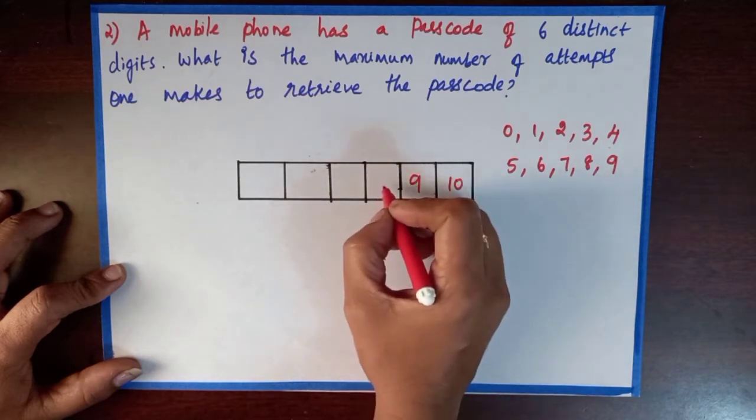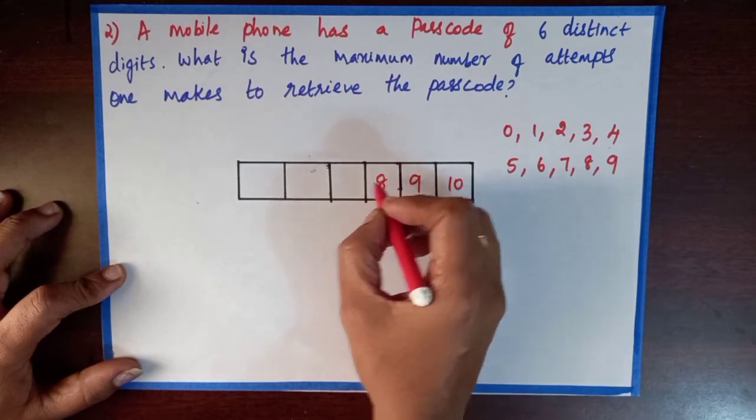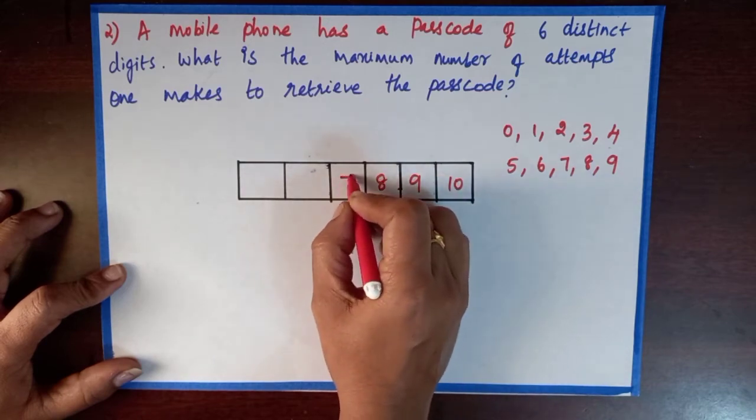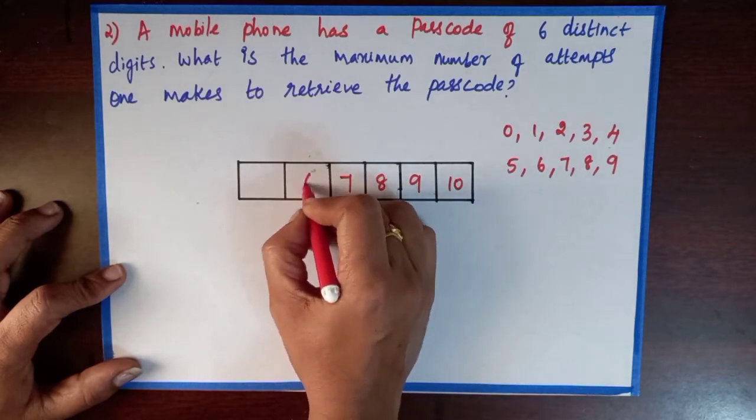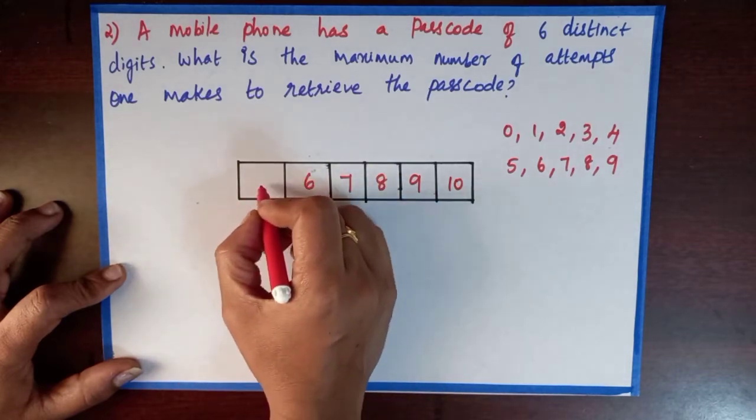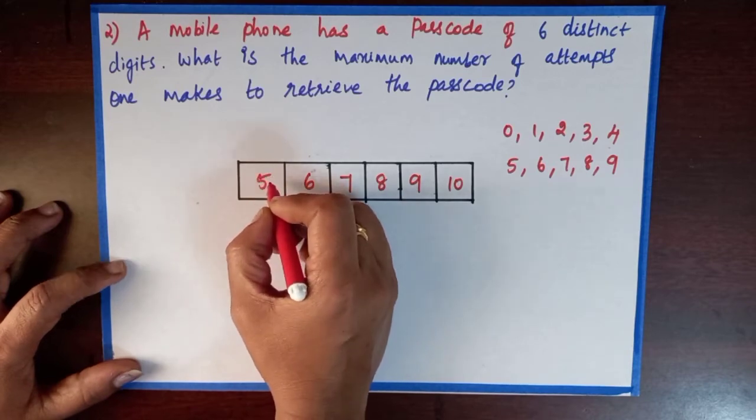Third digit can be tried in 8 ways. Fourth digit can be tried in 7 ways. Fifth digit can be tried in 6 ways. And sixth digit can be tried in 5 ways.